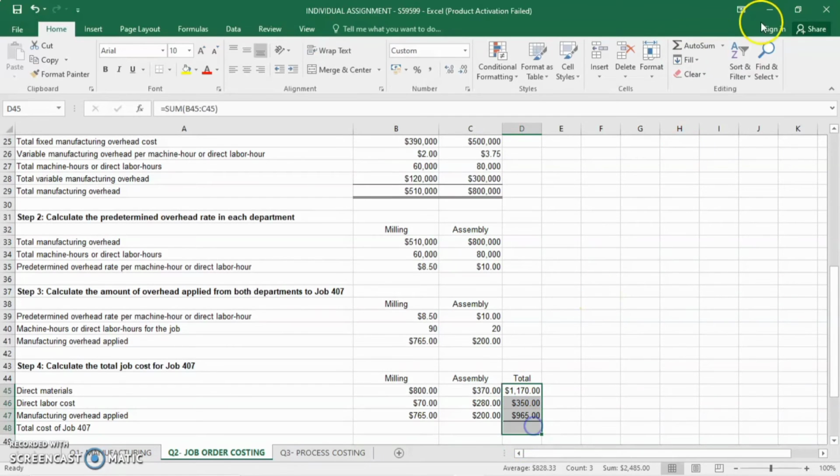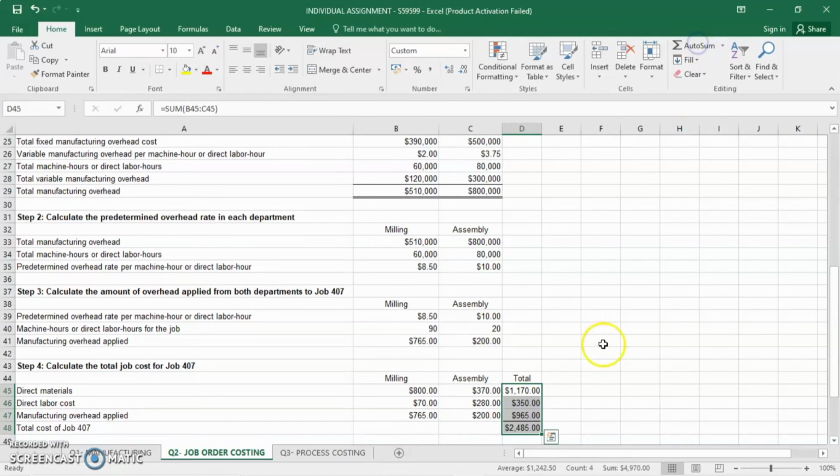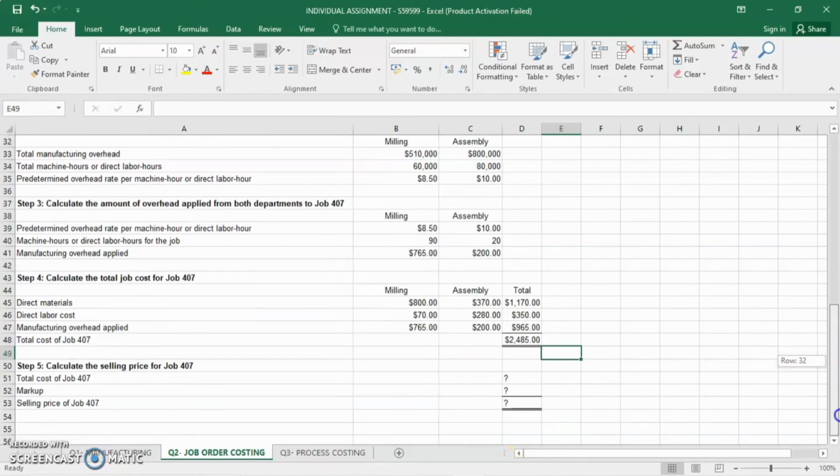And the total cost, we find direct material plus direct labor cost plus manufacturing overhead applied and get 2,485 ringgit.